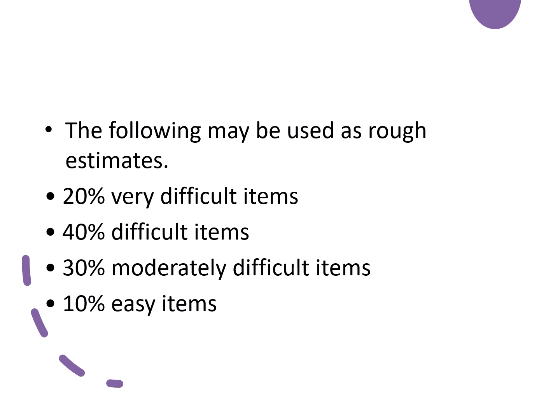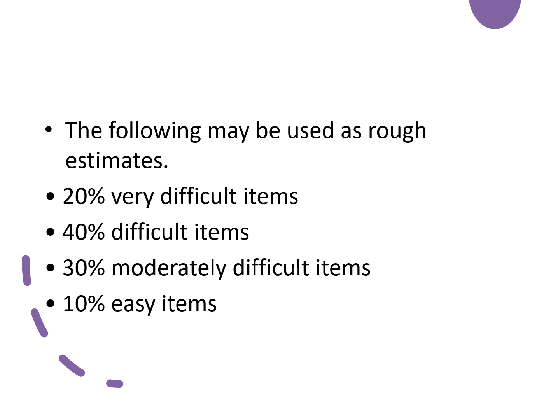The literature says that 20% of the items should be very difficult, 40% should be difficult, 30% should be moderately difficult, and 10% should be easy items. Although having a bank which has all of these four types in these percentages is very difficult to maintain.